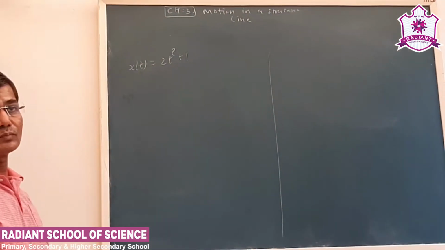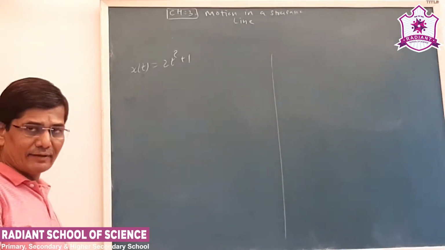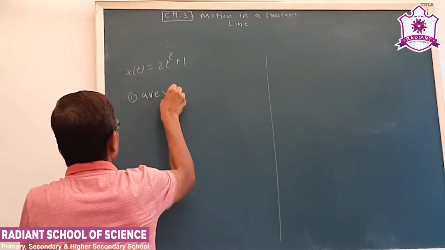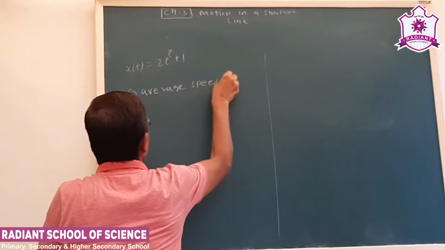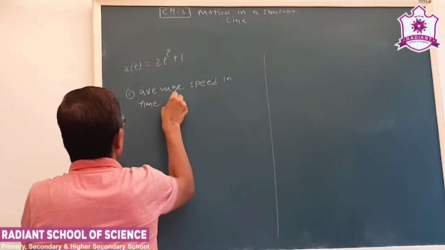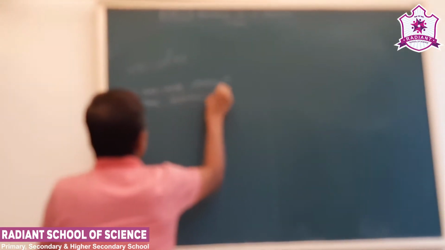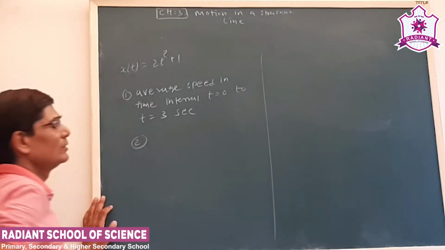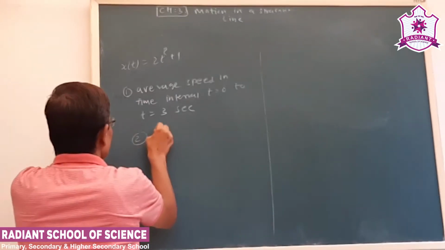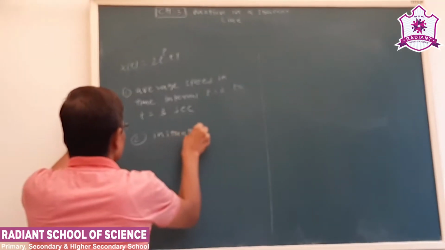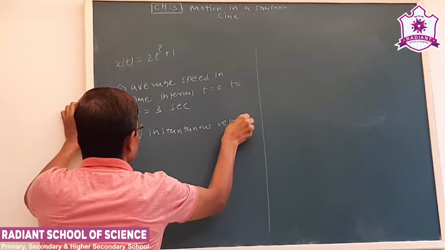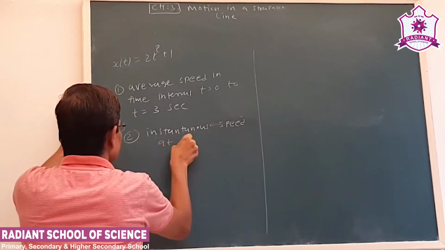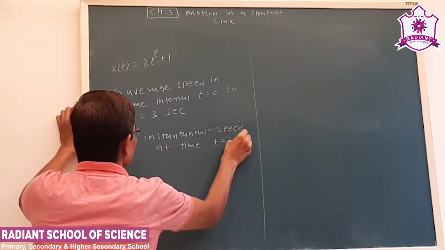Let us say we have to calculate, first, the average speed in the time interval t is equal to 0 to t is equal to 3 seconds. And second, we have to find out the instantaneous velocity, instantaneous speed, at time t is equal to 2 seconds.